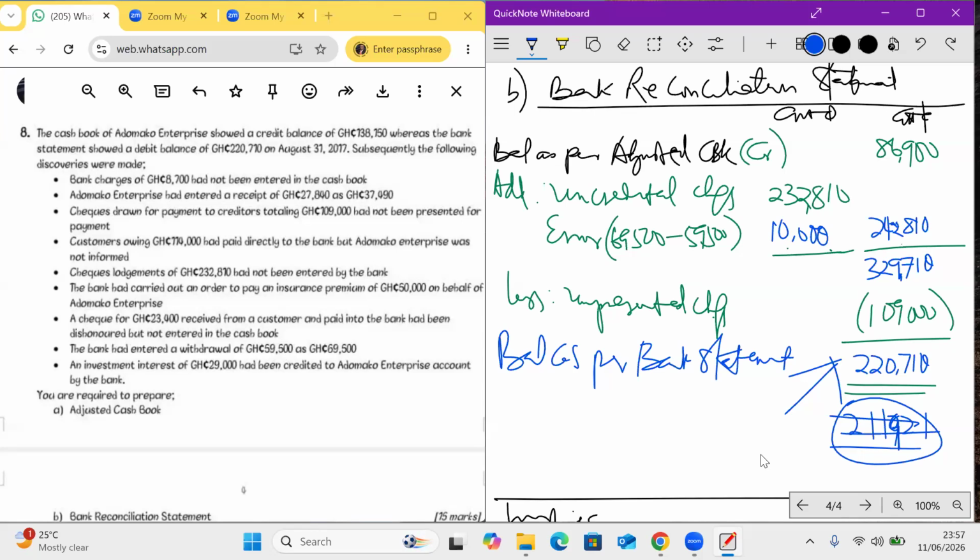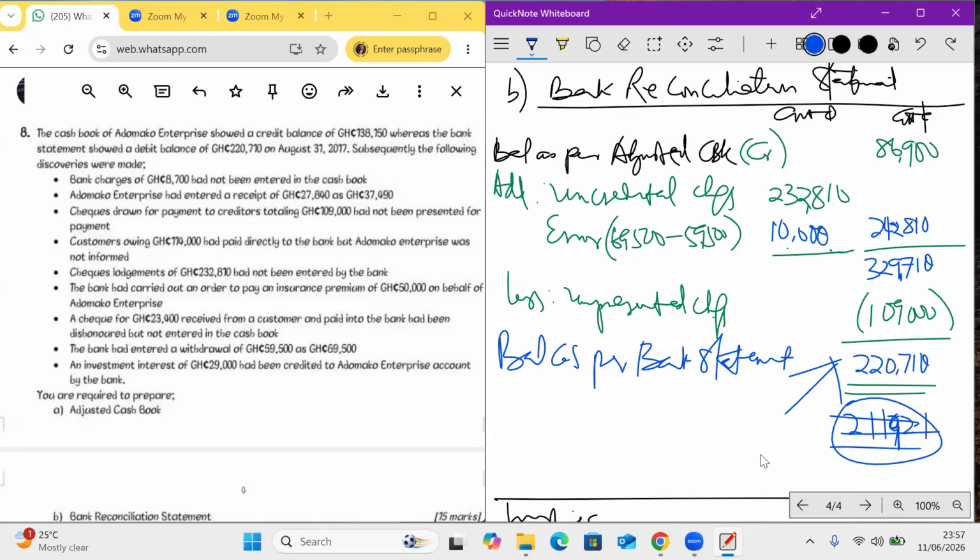When they are marking, let's say the papers are many. Here it is not a place where systems will mark your questions. Here they are marking physically. So when they look at your final balance, you got it. If they want to inspect and find you didn't get it, that one is up to them. But so long as they've given you the bank balance of 220,710, you have to write it there.